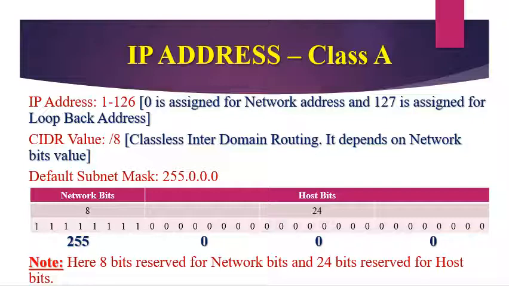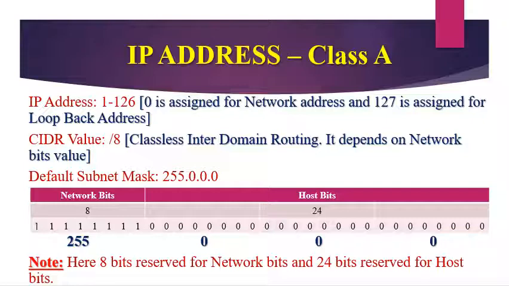The values run from 2 power 0 to 2 power 7, so the summation 1 plus 2 plus 4 plus 8 plus 16 plus 32 plus 64 plus 128 gives 255.